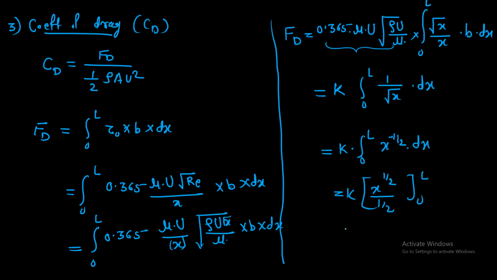Integration limit is 0 to L. So K, if I put the limits here, this is L raised to 1 by 2, so it is square root L divided by 1 by 2. So this is the value of FD, which is the drag force.